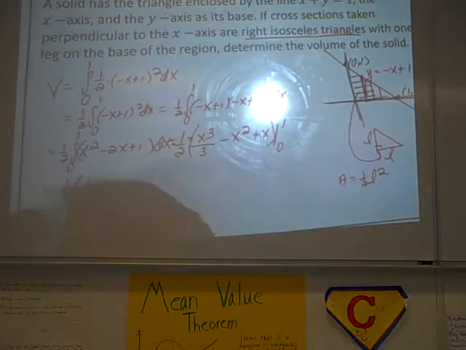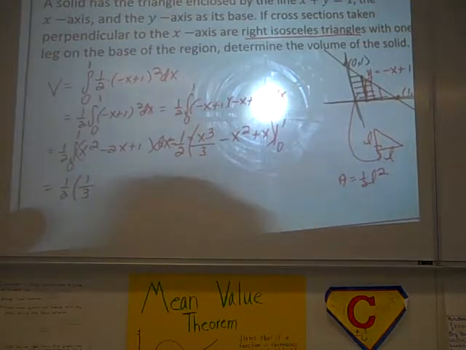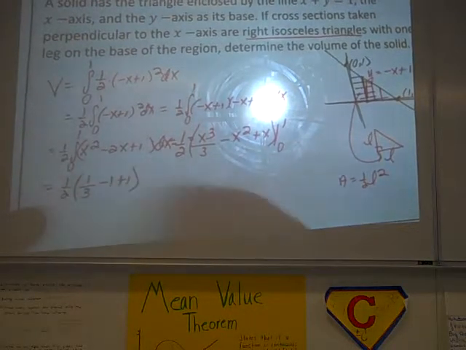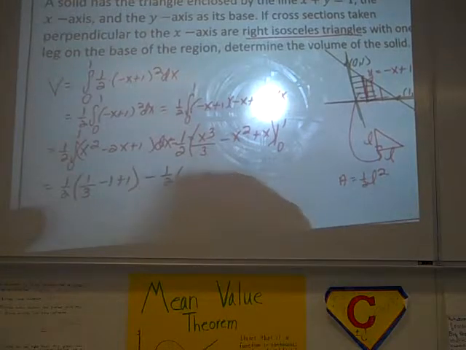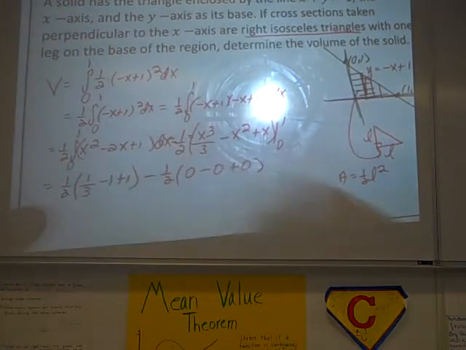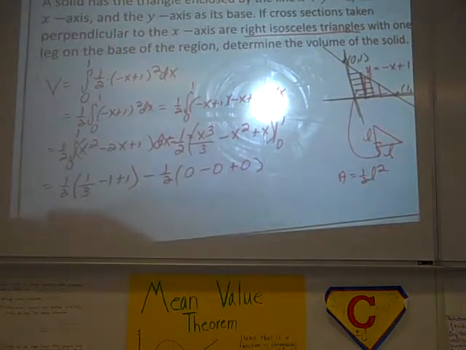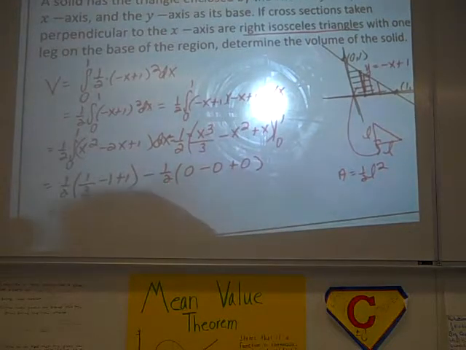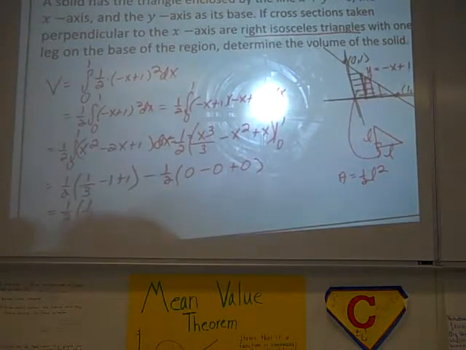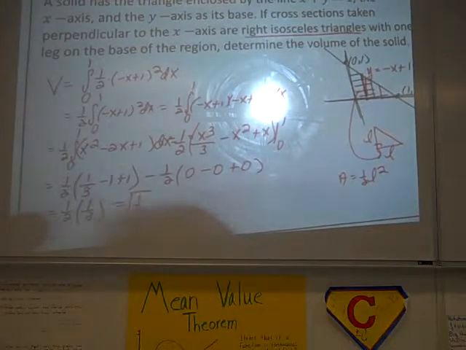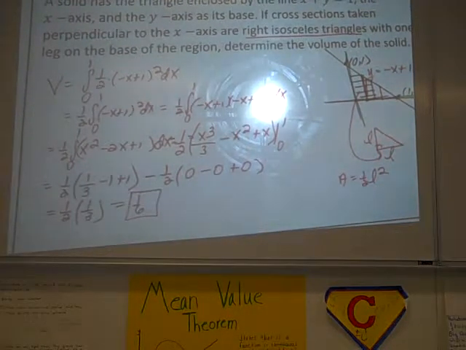You get 1 cubed over 3 minus 1 plus 1, minus, at 0, 0 minus 0 plus 0. We've got 1/3 minus 1 plus 1, which is just 1/3. All that is 0. And 1/2 times 1/3 would be 1/6. So the volume of the solid that we just created is going to be 1/6.